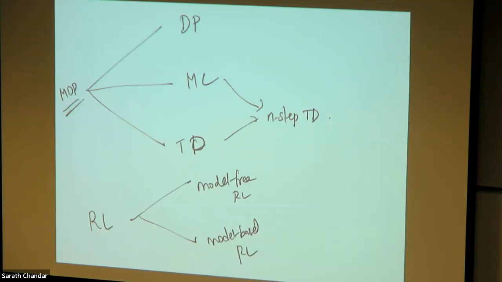Methods like Monte Carlo, TD, and n-step TD fall under the model-free category. However, DP is an example of a model-based method. But in the case of DP, we are not learning the model. So can somebody tell me a model-based method where we are also learning the model?